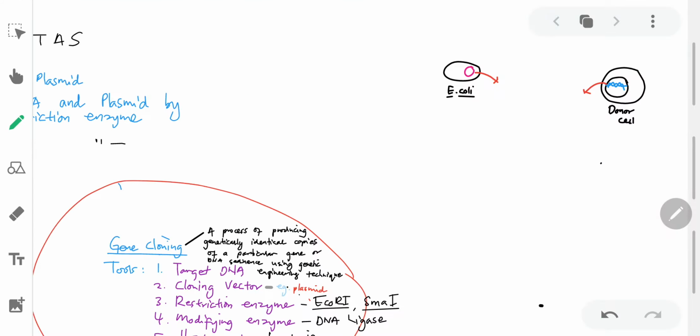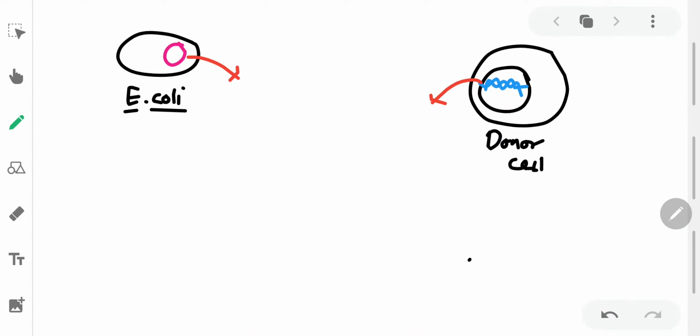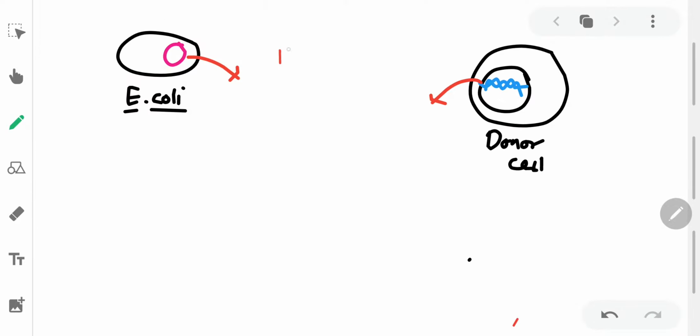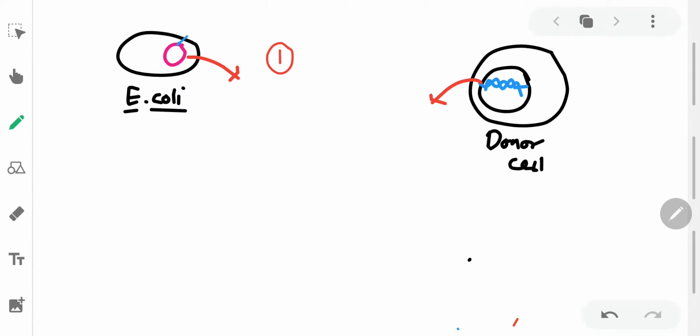Alright, now look at this diagram. So here we have E. coli, bacteria E. coli, and we have donor cell. Now, in the first step of gene cloning, we are going to isolate the plasmid.